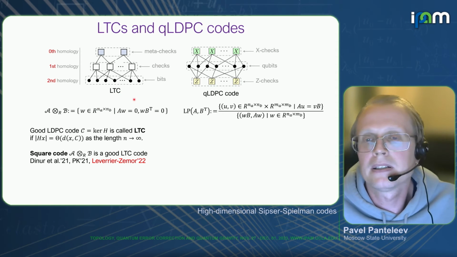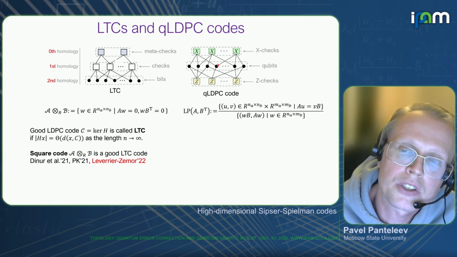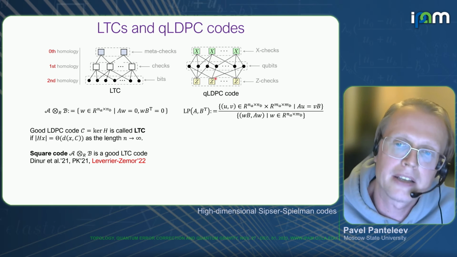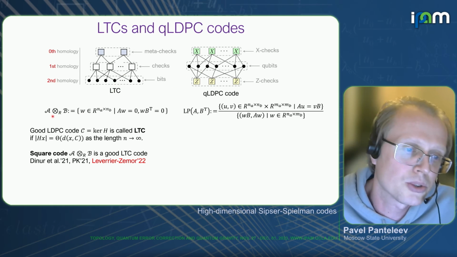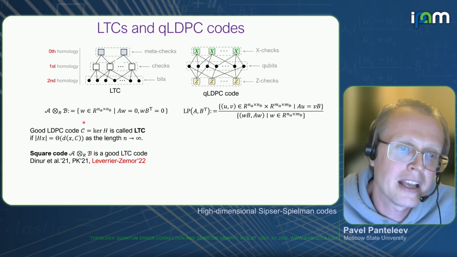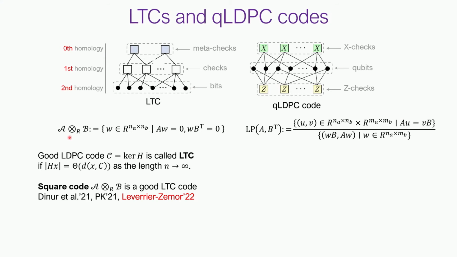Okay, but let me also very briefly describe how all this is related to locally testable codes. If we consider our qLDPC code that we constructed by the lifted product construction, we can view it slightly differently. As you saw previously, this code is intimately related to the tensor product, this generalized tensor product, where we also replaced the field by a ring.